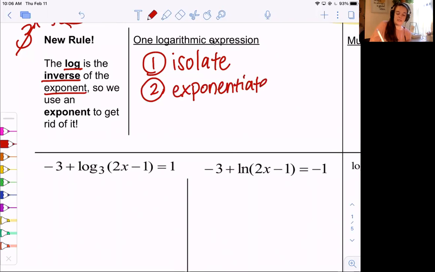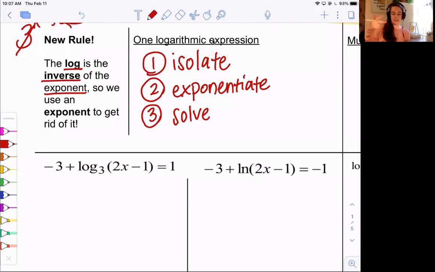It's a big old word. I don't know if that's actually what this is called, but this is the word that I'm choosing to use today. Exponentiate. I'm going to use an exponent on both sides. And then step 3 is to solve it. So we're going to isolate, exponentiate, solve.